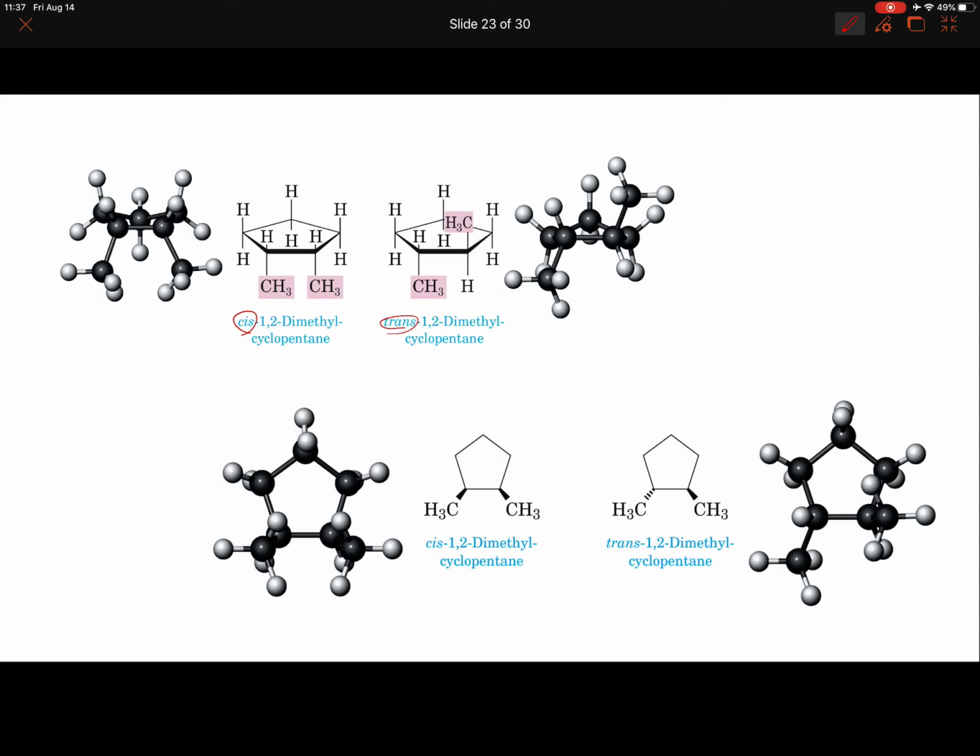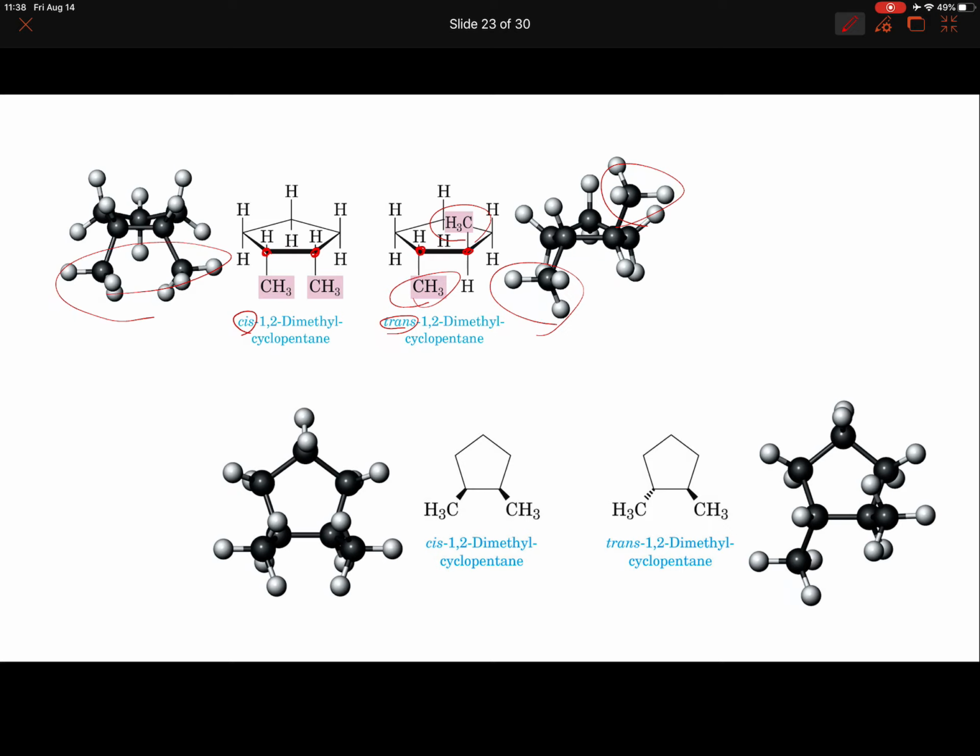Having both of these dimethyls cis means that they're both on the same side and they're bumping into each other. Having them on opposite sides of the ring, now they're still connected to the same two carbons, right, that are right next to each other. But having them oriented in a way that they're pointing away from each other is much more stable.